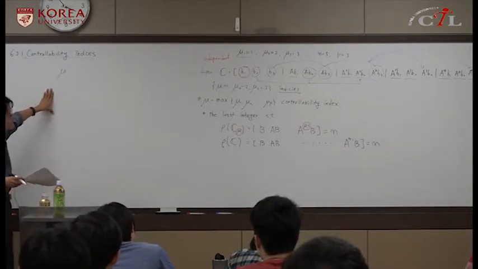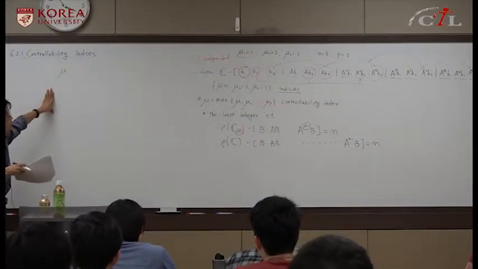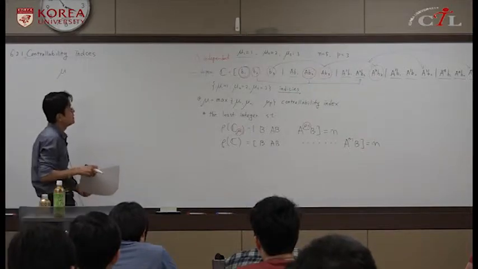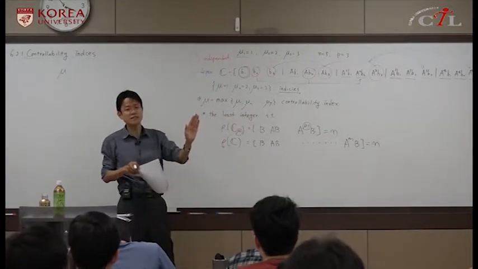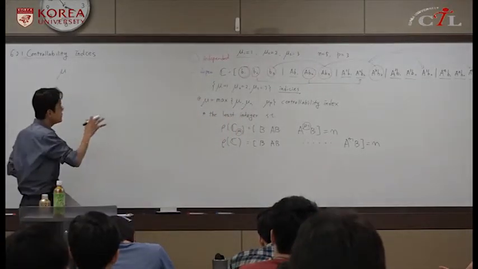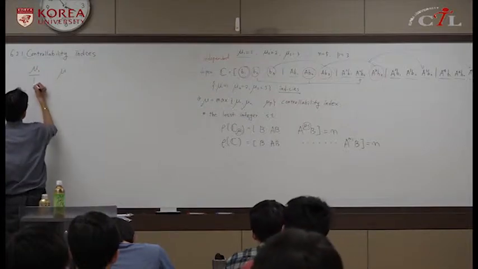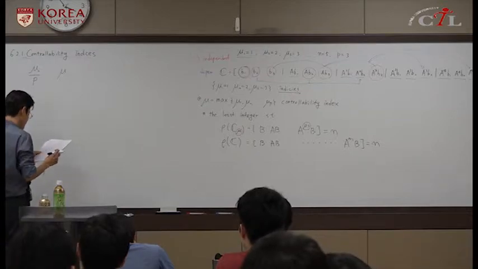What's the minimum value? The smallest value. Minimum mu is when all the mu have the same value, then it's minimum.